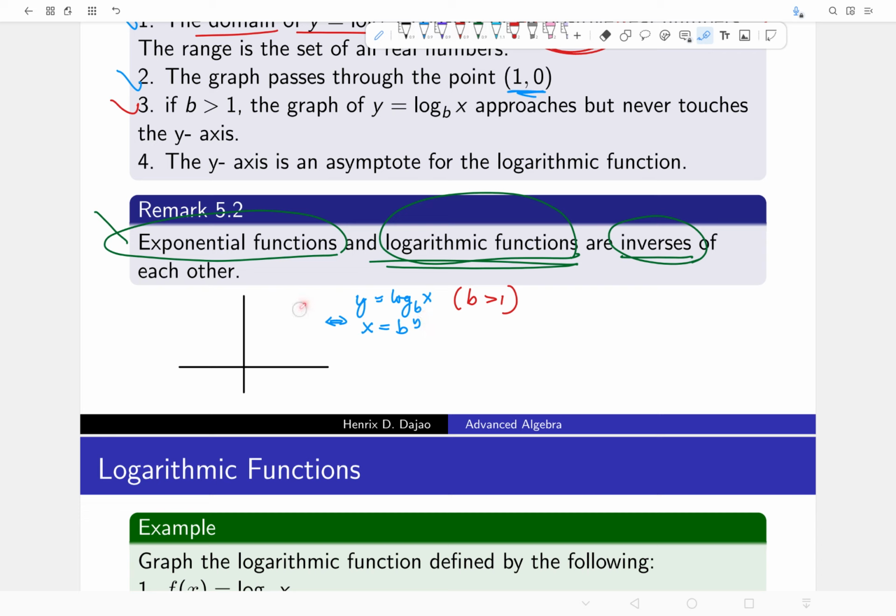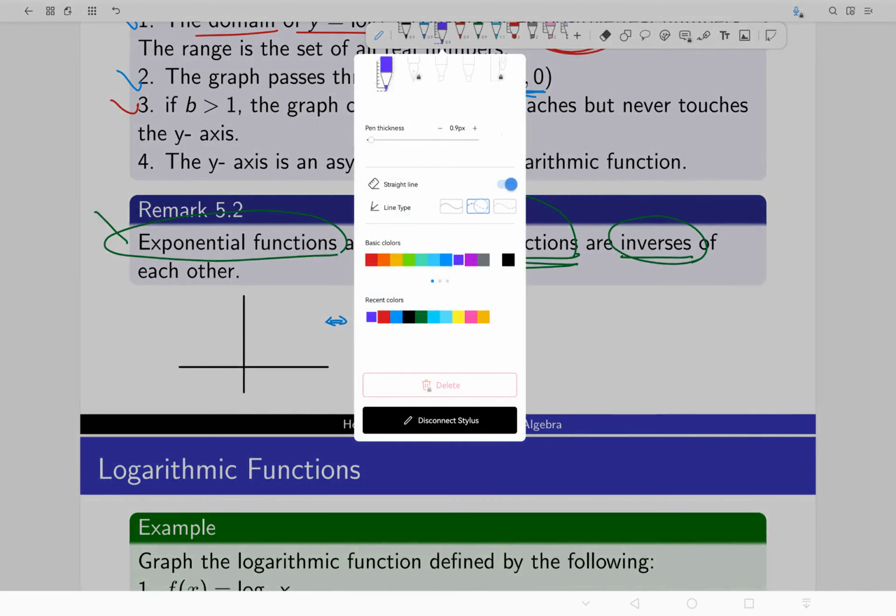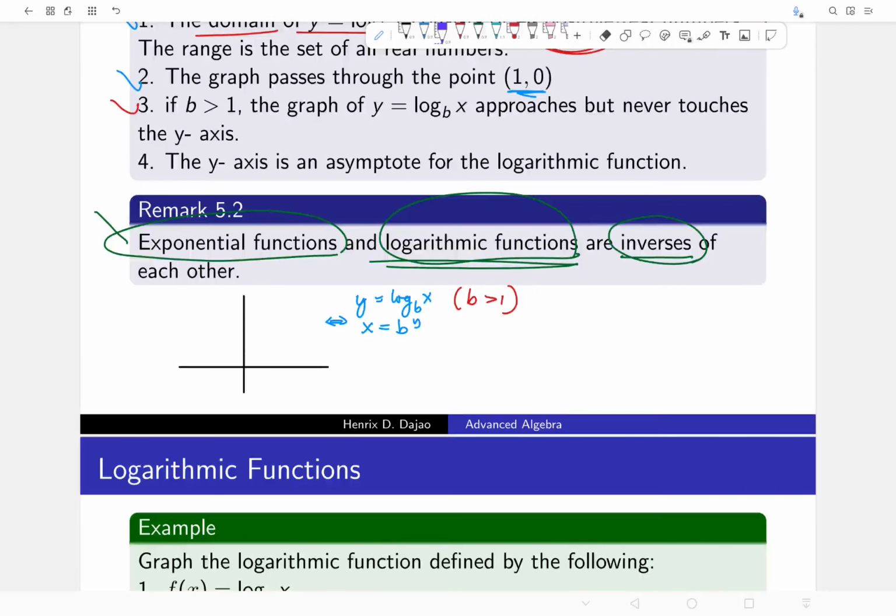And then draw the line with equation y equals x. We already knew that the graph of this divides the first quadrant and the third quadrant. So let's first draw y equals x.